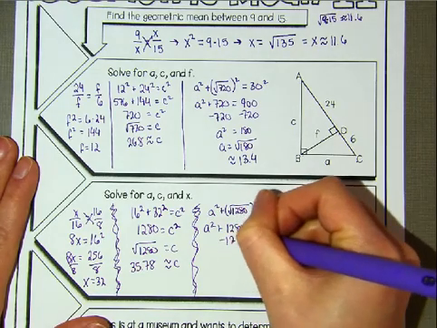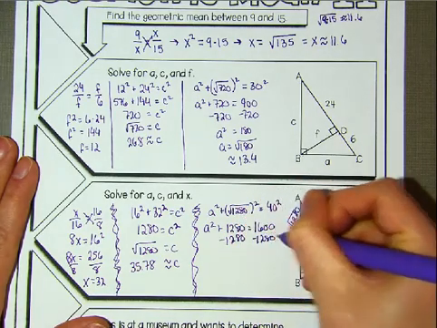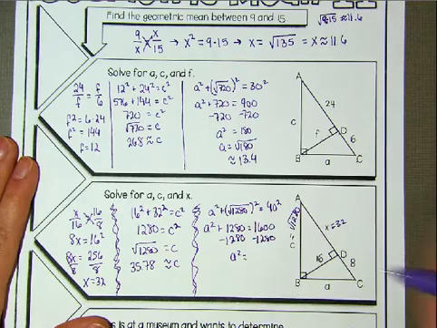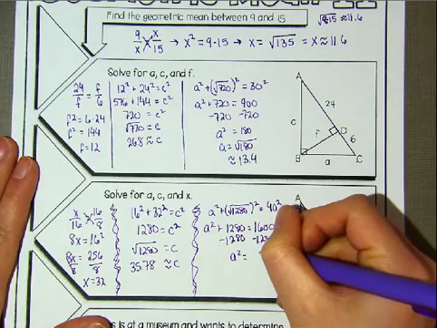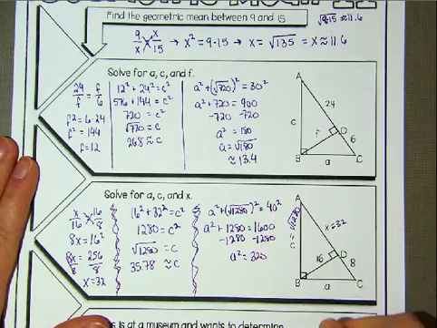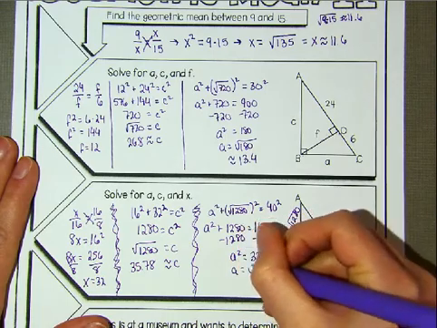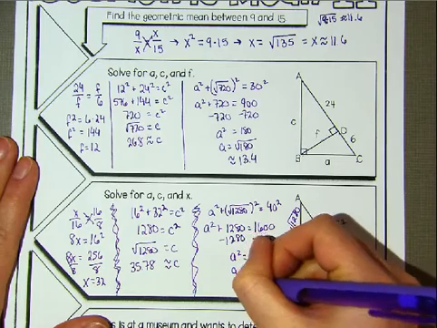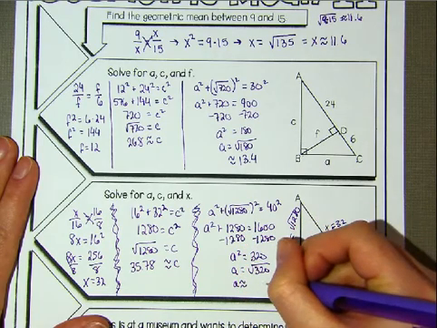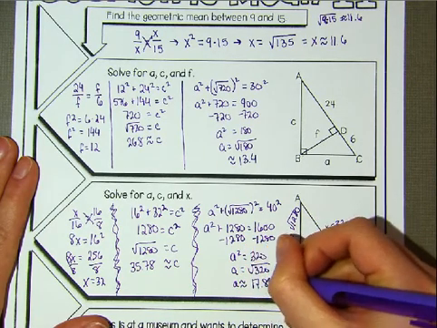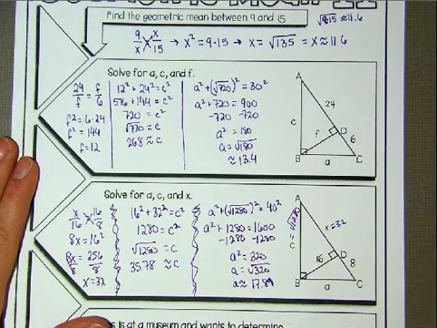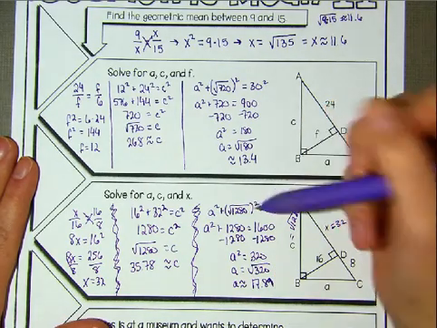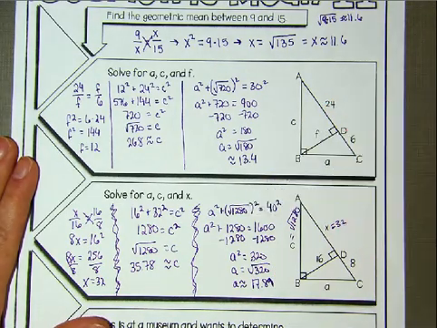Subtract 1,280. We get a squared equals 320. So a is going to equal the square root of 320, or a is approximately 17.89.